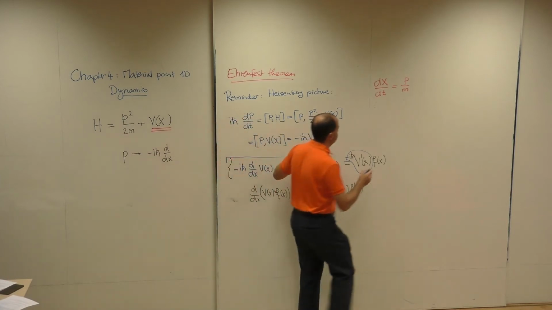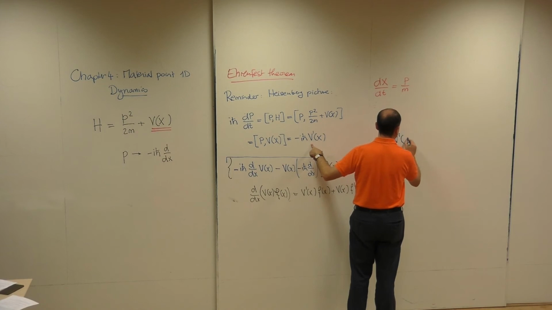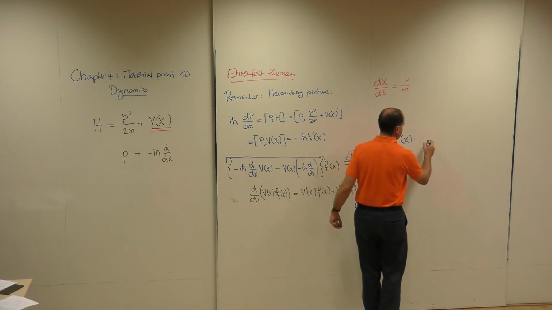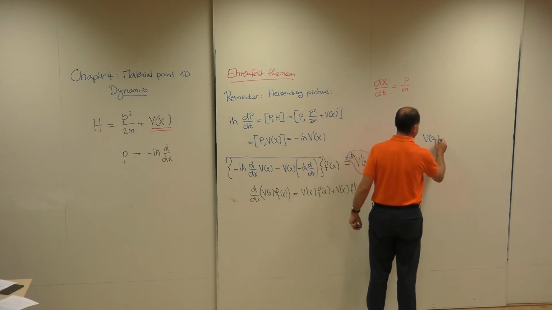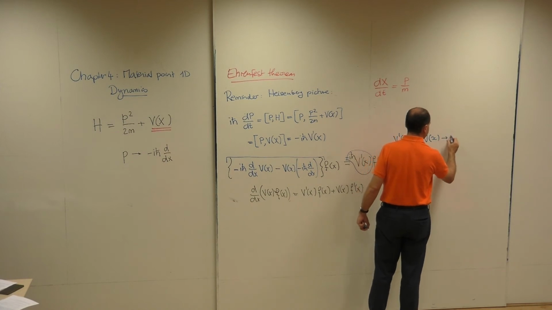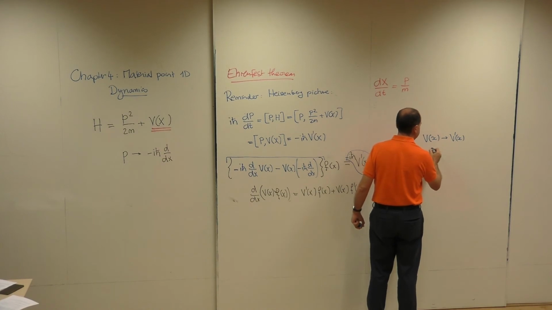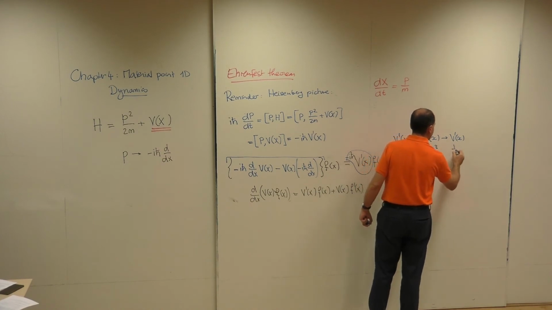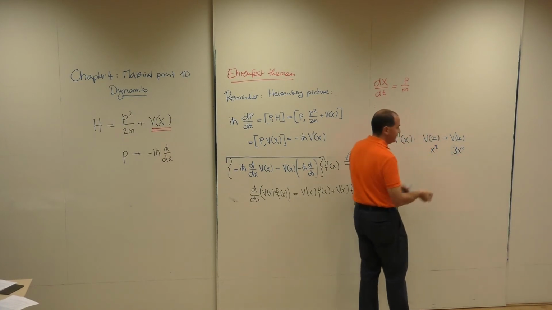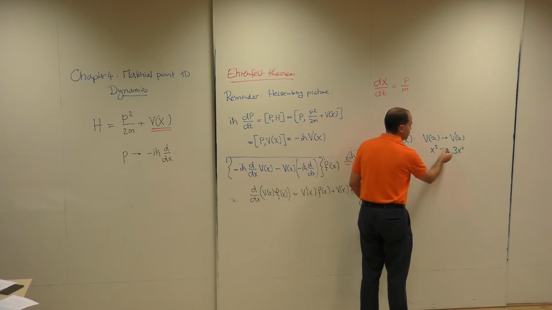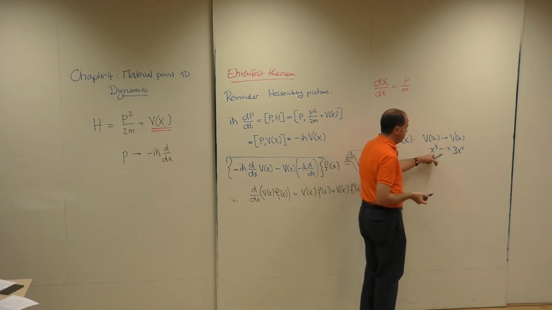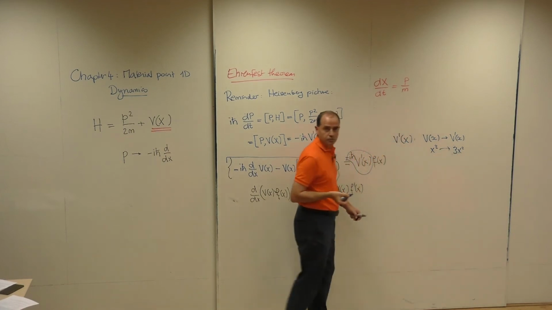Take the classical expression of the potential, v of x, compute the derivative, v prime of x. If this is x cubed, it would be 3 derivative, not integral, 3x squared, really like that. And now, once you've taken the derivative, replace the x with the operator, and you get this object, okay?